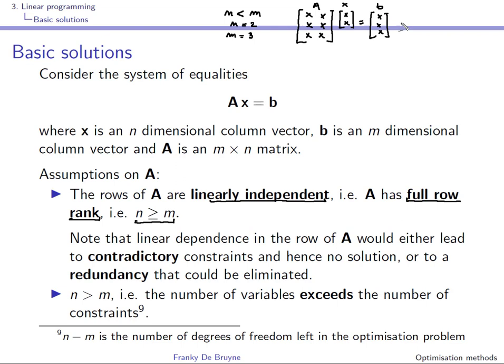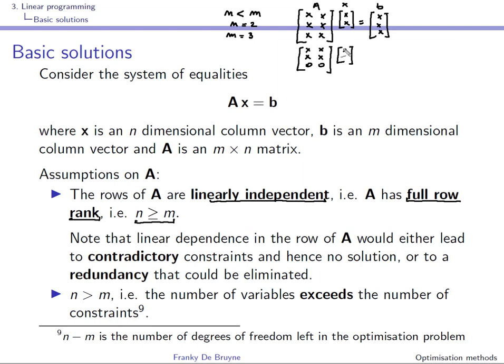And since we have 2 columns and 3 rows, we necessarily have here that the rows are linearly dependent. So if we do elimination, we can bring this system of equations to this form, for example. Could be that this second row is also composed of 0, but we'll take this situation.